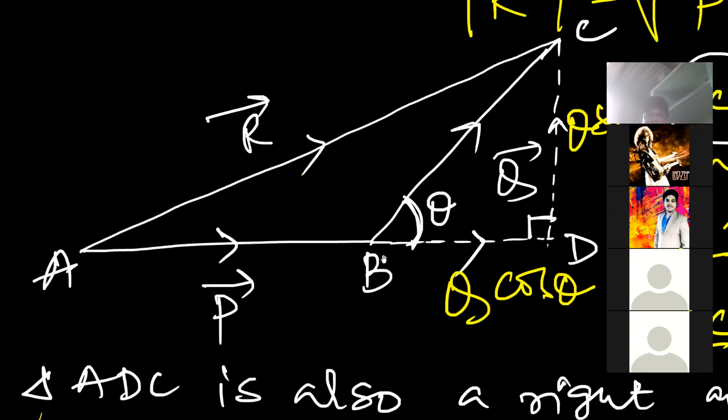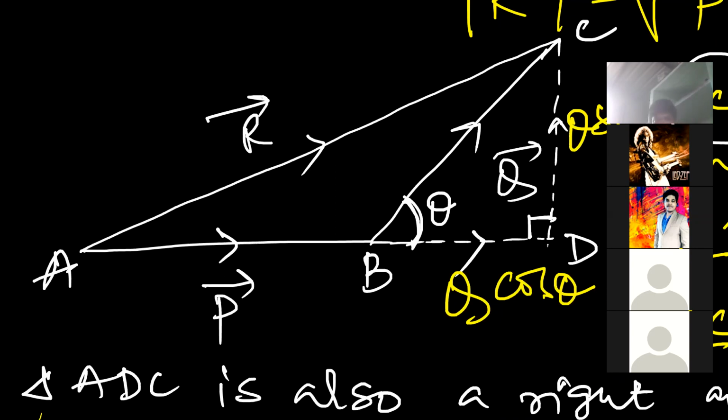I hope the figure is big now on your screen. Now just say whether ADC is a right angle triangle. Look at the figure. No, sir. Why is it no?